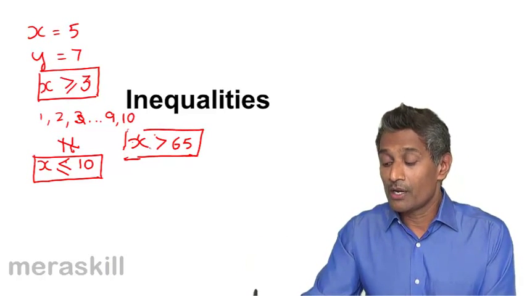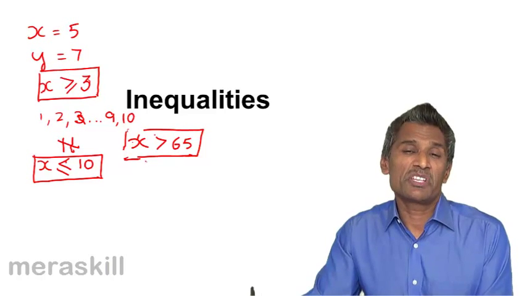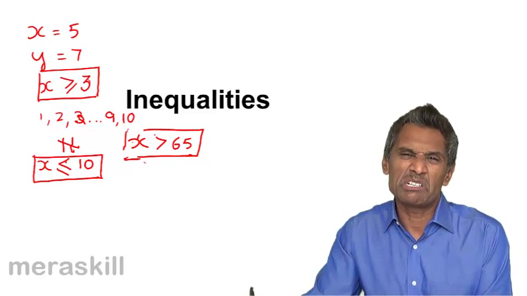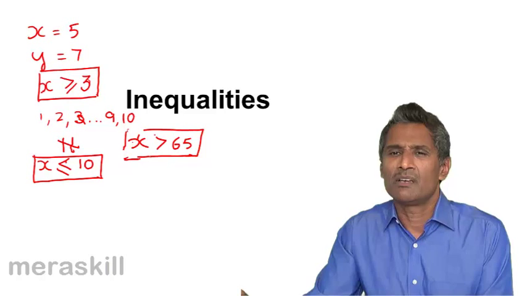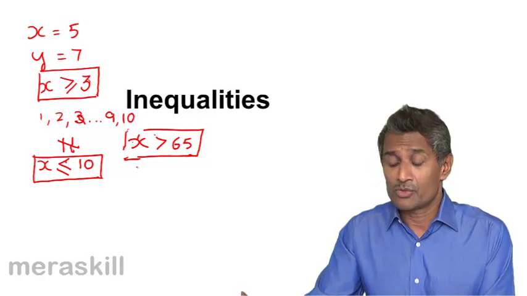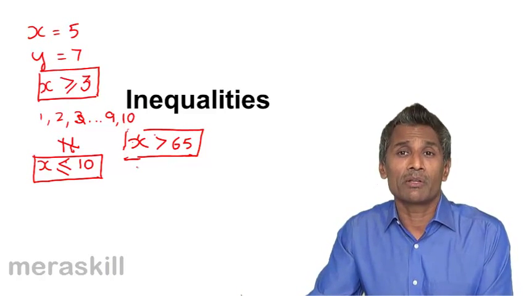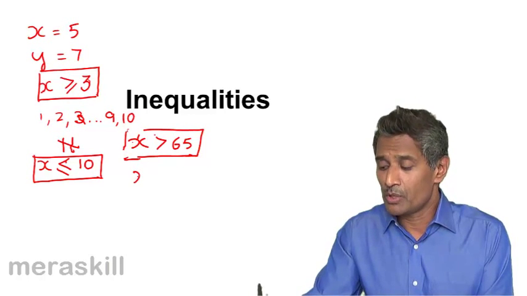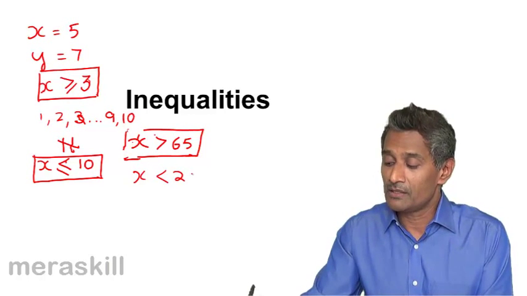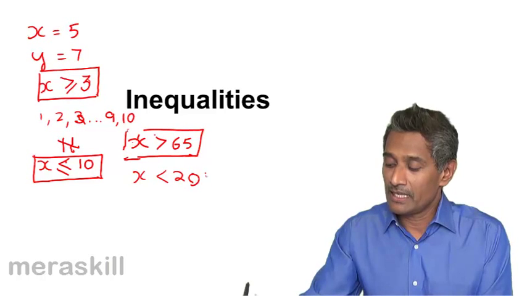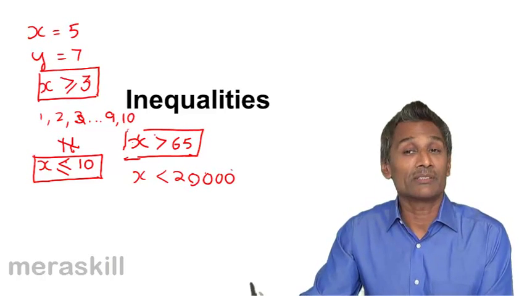Or we have a case wherein you say you're sad: well, I'm earning much less than Mahima. So that means Mahima is earning maybe around 20k per month and you are earning less than her. So you're earning less than 20,000.